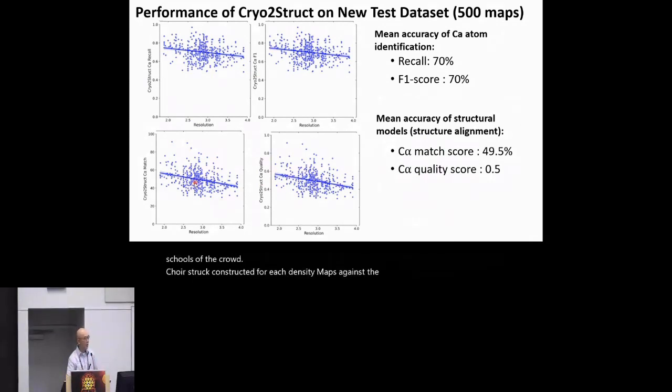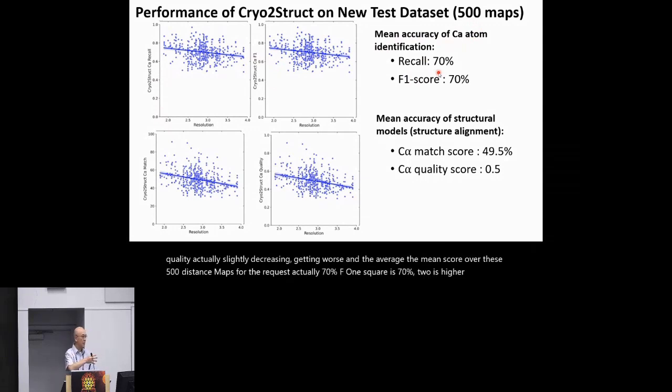You can see the quantity slightly decreasing as the resolution gets worse, and the mean score over these 500 density maps for the recall is actually 70%. F1 score is 70% too, which is higher than on the standard data set. The reason really is because you get better data as input.